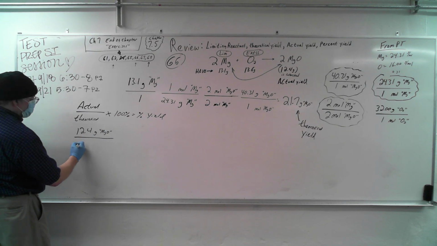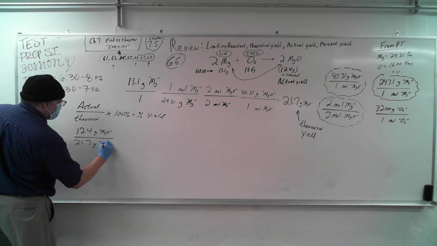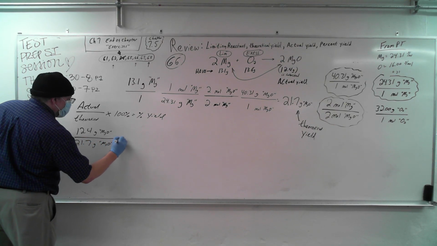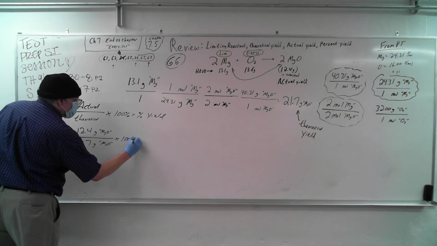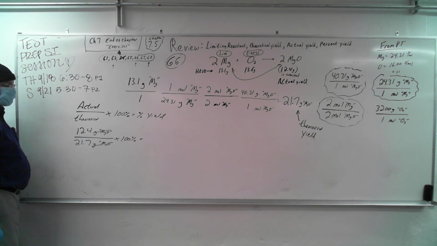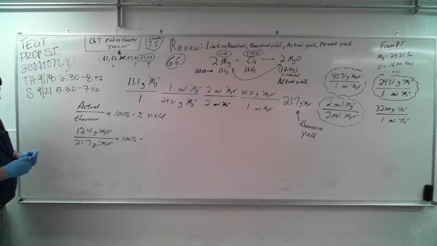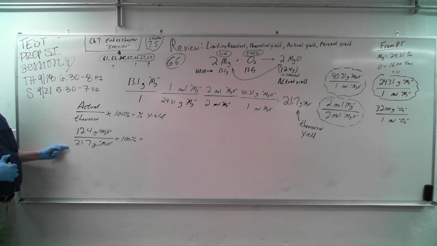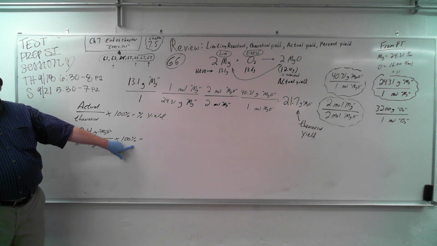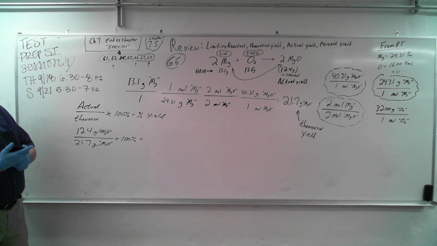Theoretical was 21.7 grams of MgO, times 100% equals, and notice grams of MgO and grams of MgO cancel. The only unit left over is the percent sign. 3 significant figures, 3 significant figures. The 100 is exact. It's by definition out of 100 per percent.